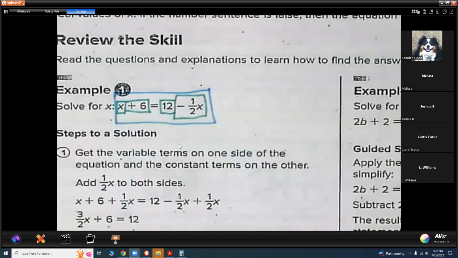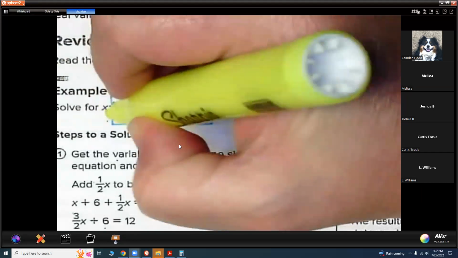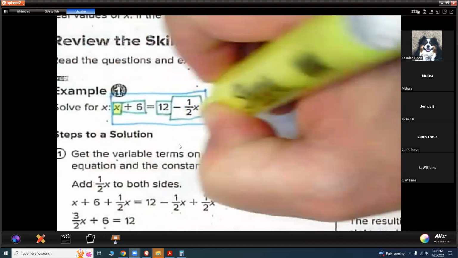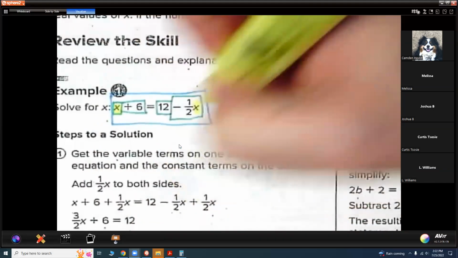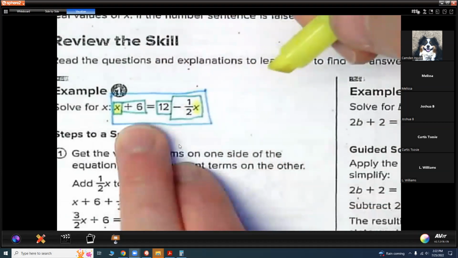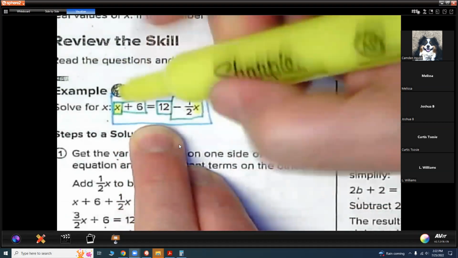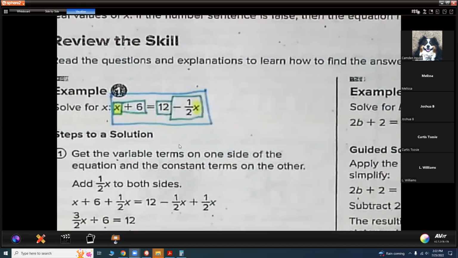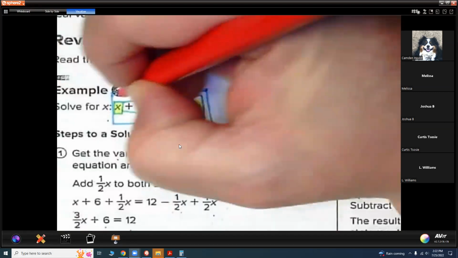Guys, remember, and it's okay, I forgot that we had done this a little bit, so don't worry too much. So yes, our constants, our whole numbers without variables, are like terms, but our x and our negative 1/2 x are like terms too, okay?